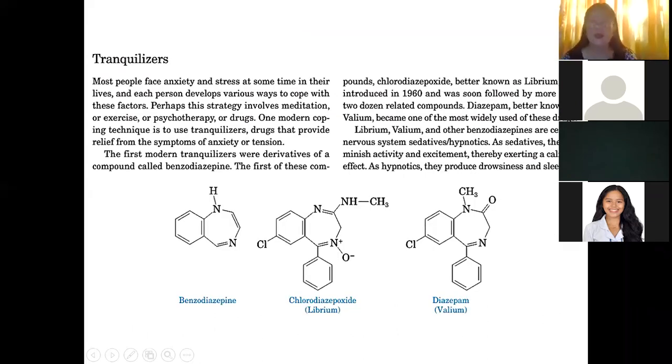One of the uses of an amine, another one, is the tranquilizer. Earlier was the antidepressant, the amphetamine. This is different.